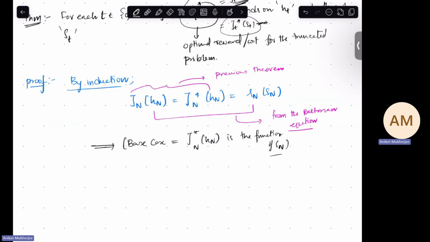Next, we have the induction step. So let us assume that the claim is valid for t equal to k plus 1 to n. This is your hypothesis.